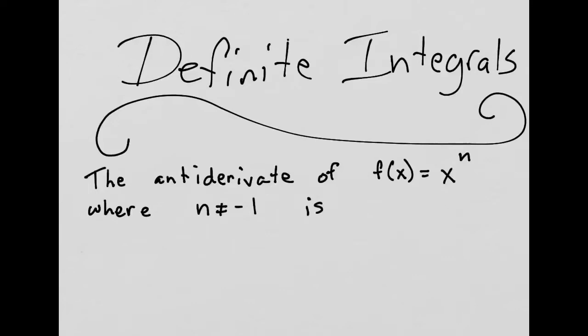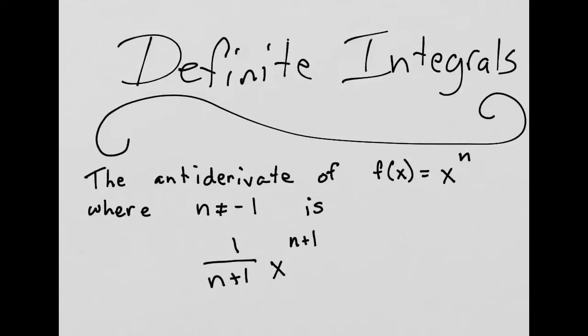And then again, we're going backwards here. And so we will add 1. So you're going to add 1 to the power, and then you're going to divide the constant out front by that new power. So this is the new antiderivative, as long as n does not equal -1.